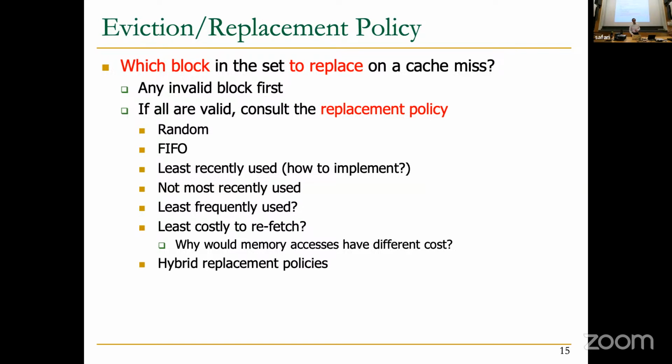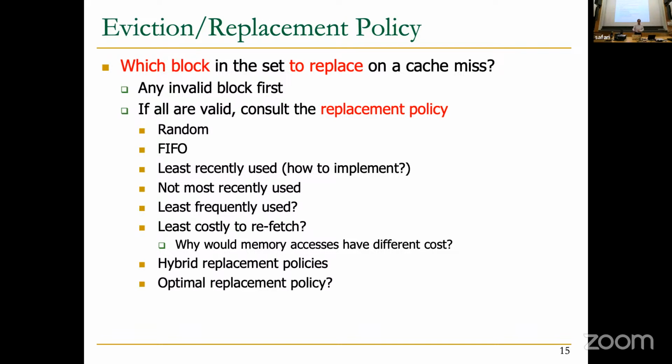And actually, a lot of modern processors implement some sort of hybrid replacement policy that tries to get the best of both worlds. Remember the hybrid branch predictors that use different algorithms to cater for different types of branches? Hybrid replacement policies also exist to cater for different access patterns, or different access patterns for different sets or within the same set. These are some things we're not going to discuss in detail, but you can imagine these things.